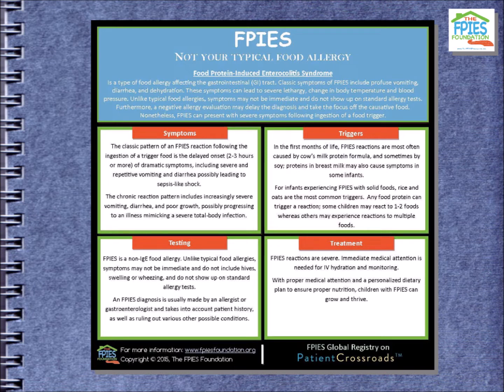In terms of treatment, there is no day-to-day treatment for FPIES other than avoiding those trigger foods and helping to maintain an appropriate diet for the child. When it comes to reactions, a child undergoing an acute reaction needs to be seen by medical professionals, generally in an emergency room setting, and those treatments tend to be IV hydration and monitoring.